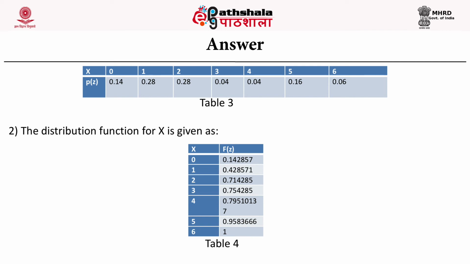Similarly, you can find the distribution function for x equal to 2, 3 and so on by clubbing all the previous probabilities, as shown here in table number 4.